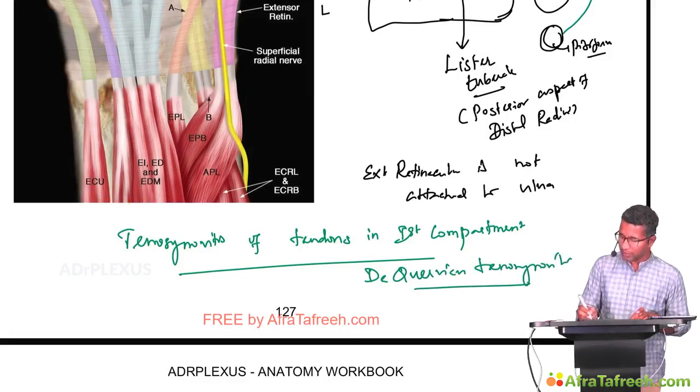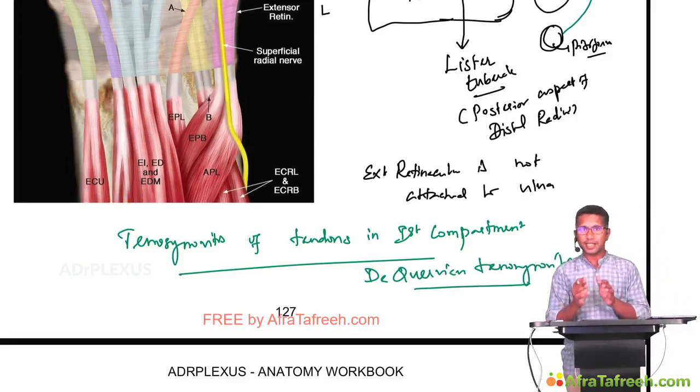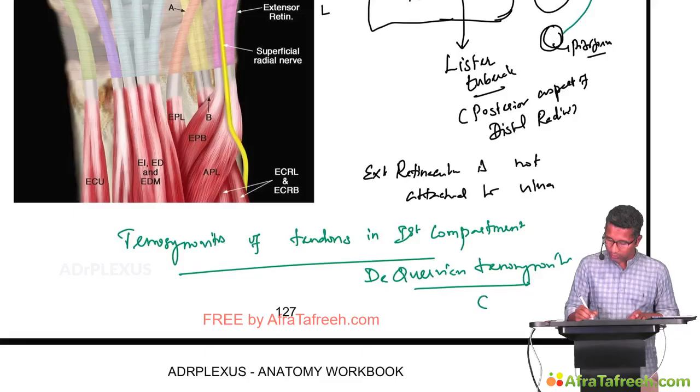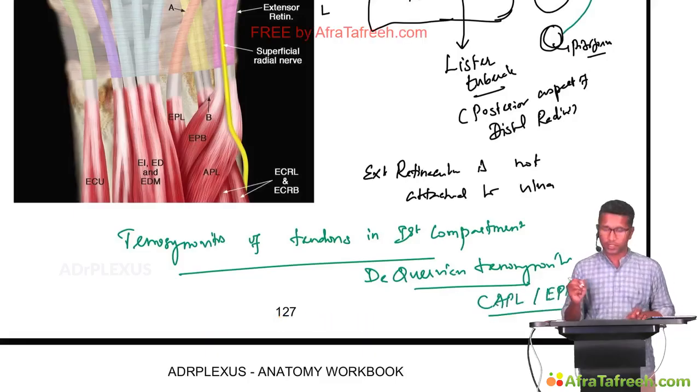If somebody asks you what are the tendon sheaths that are inflamed in De Quervain tenosynovitis, the answer is abductor pollicis longus and extensor pollicis brevis, the straightforward answer.